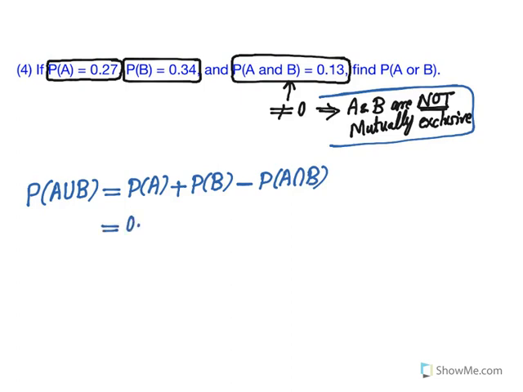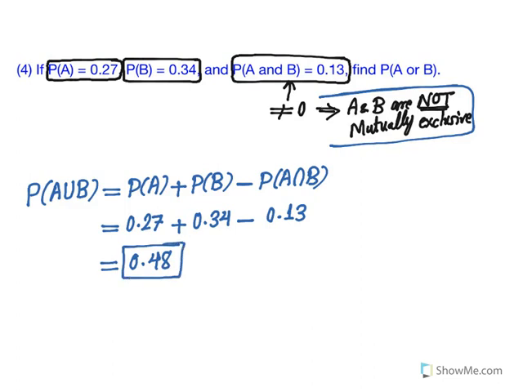Probability of A is 0.27, probability of B is 0.34, minus the probability of A and B is given, 0.13. And if you do this on your calculator, you should get 0.48 or 48%. So this is the probability of A or B.